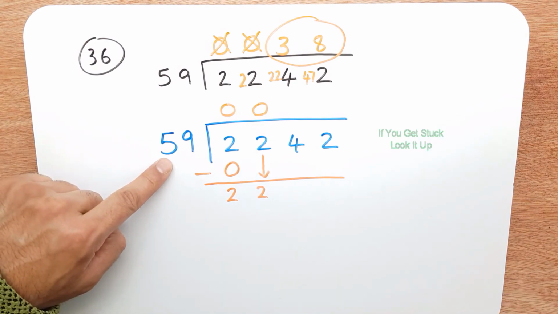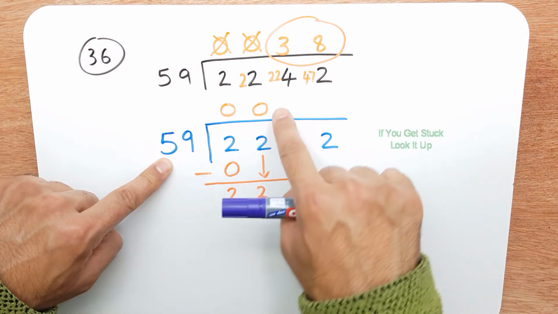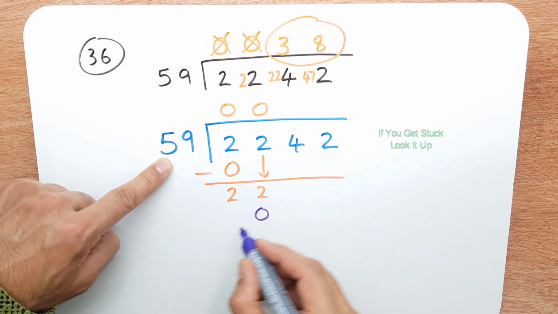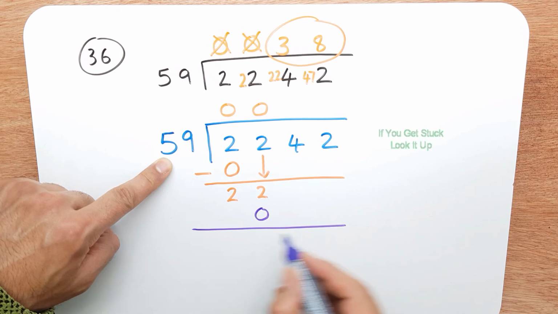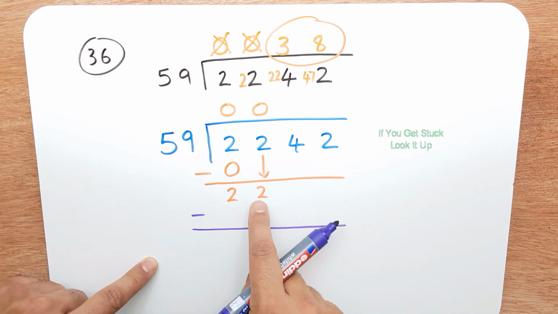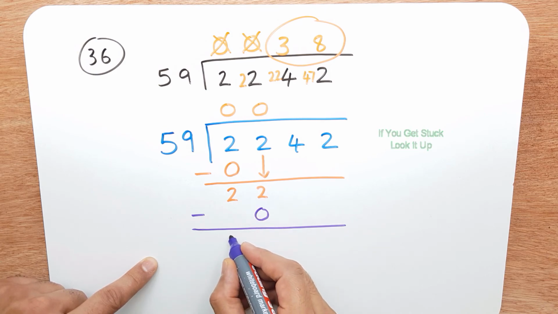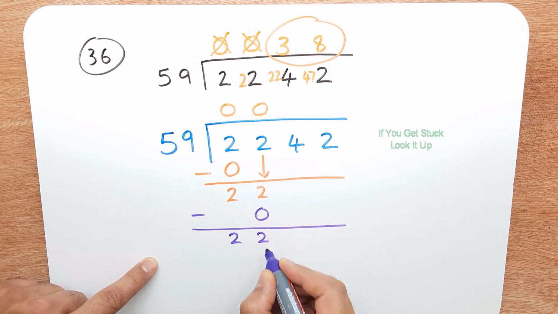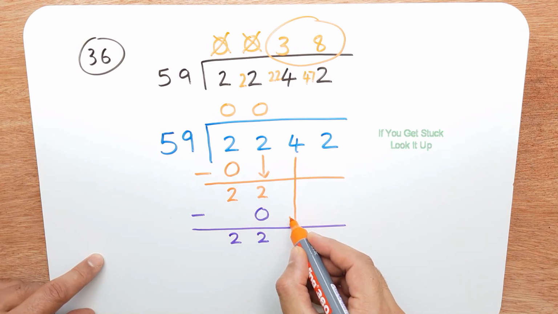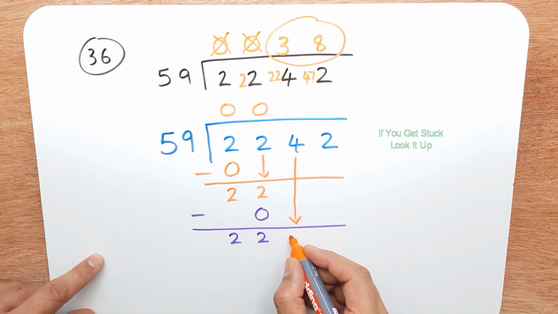Now this is where you have to be careful. 59 times 0 is 0. Put a line there, do subtraction. Now it's simply 22 take away 0 is 22. Again, we bring this 4 down as a companion, as a helper.